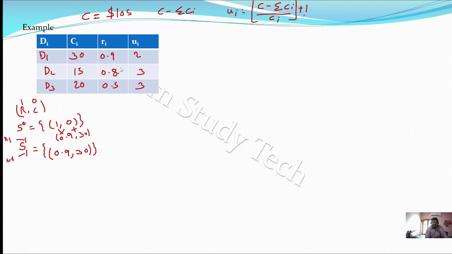Here the upper bound is 2, so you can consider 2 copies of device 1.